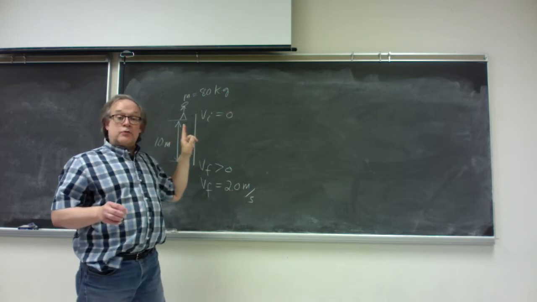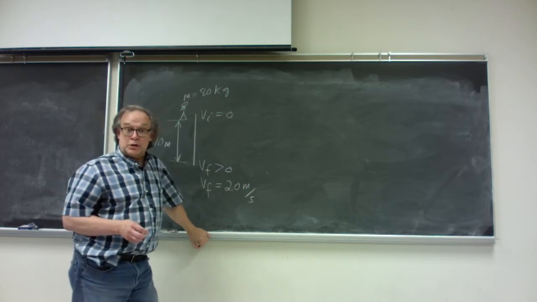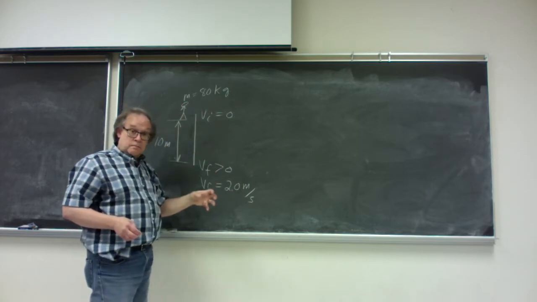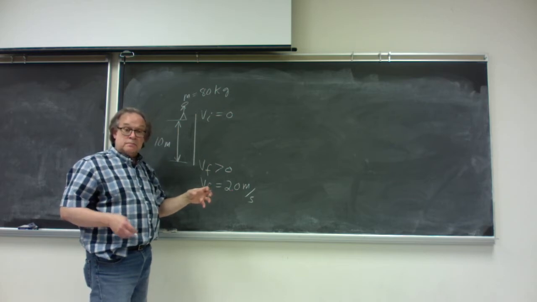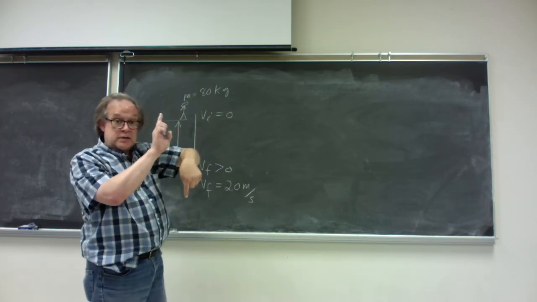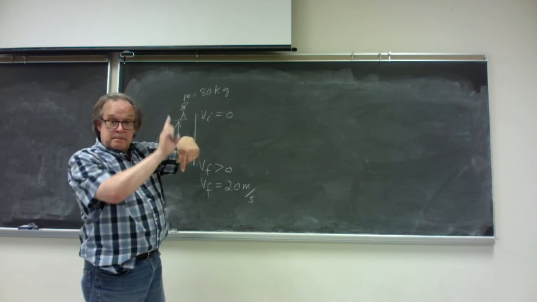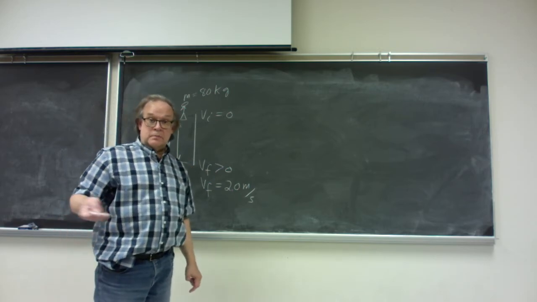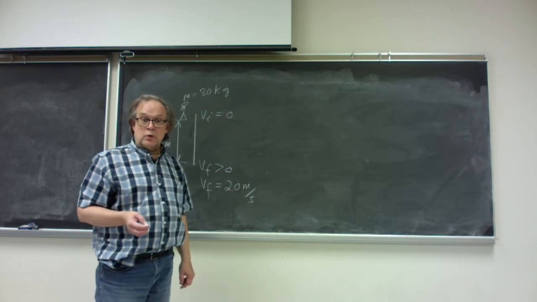It turns out that if that friction were not there, the firefighter's final speed would be much, much higher, because as the firefighter slides down, remember that the friction force on a sliding object, kinetic friction, always points opposite to the velocity. The firefighter's velocity is down, so the force of kinetic friction points up, and anything pointing up would make the firefighter accelerate less and speed up less than would be the case otherwise.